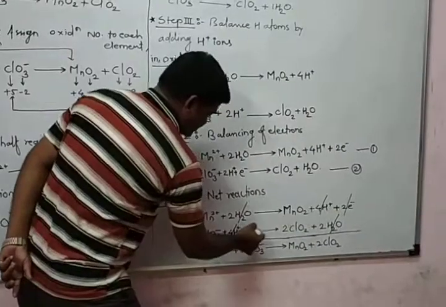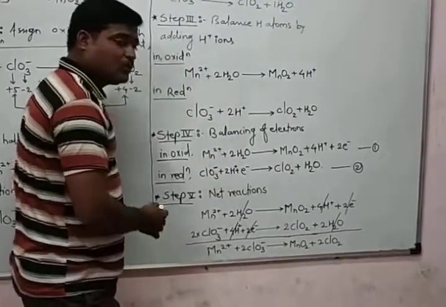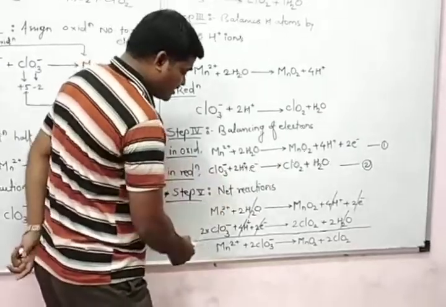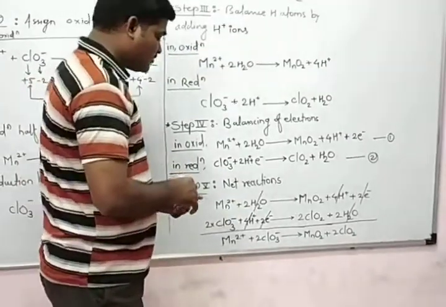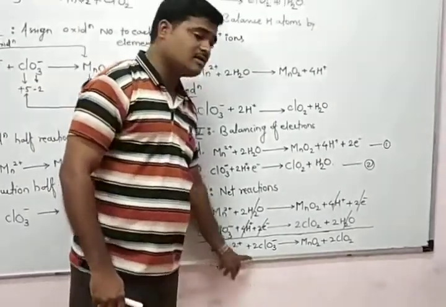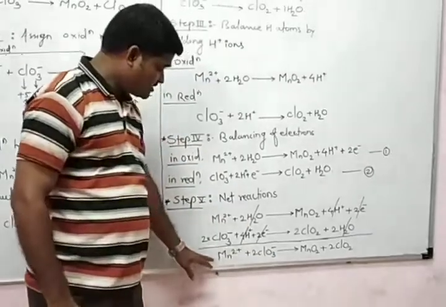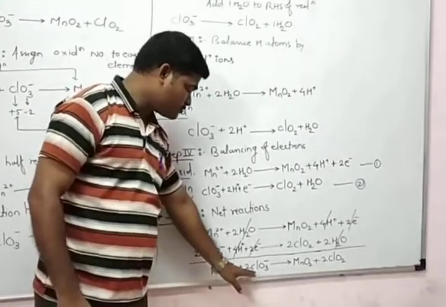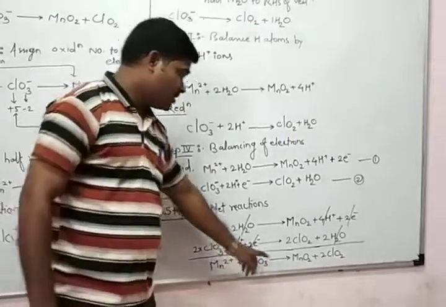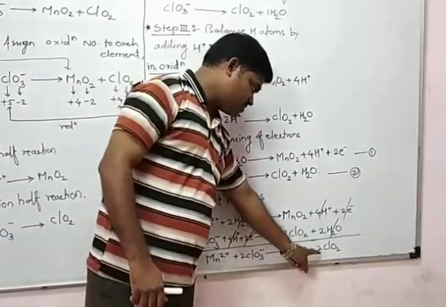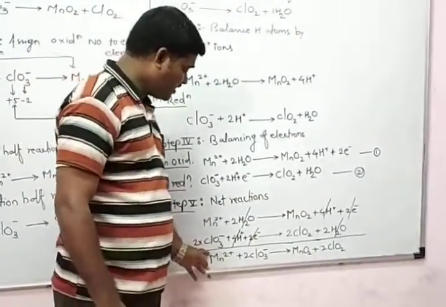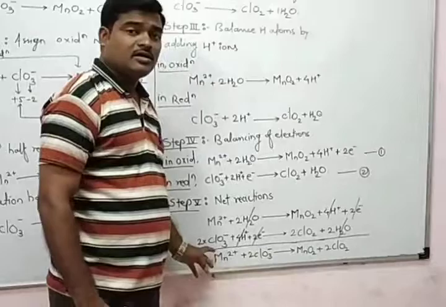Next, 2 electrons are present at both sides, and I cancelled them. What will remain, we write in the final equation. That is, we will get Mn2 plus 2ClO3 minus and MnO2 plus 2ClO2. These are what remain at the end of the equation.